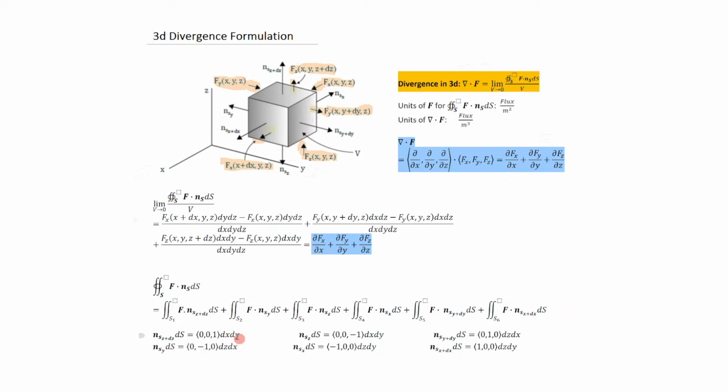This one basically is z, which would be the lower surface, right? But the lower surface has a vector pointing in the opposite direction, in the minus z hat direction. So this vector would be 0, 0, minus 1 dx dy. Now you can go through all the other cases to show that these results are correct. And then all you're doing is substituting these values into these expressions along with the values of x evaluated at the given surface. And that's how we arrived at these 6 terms that you see here.